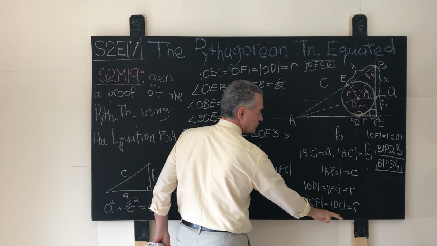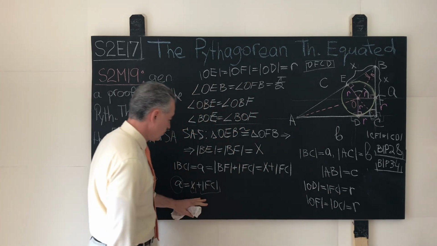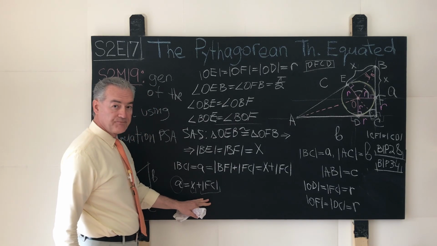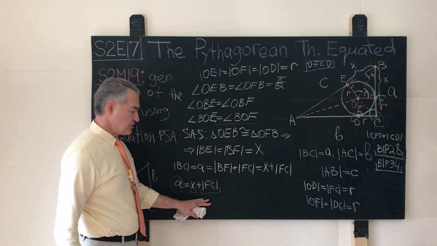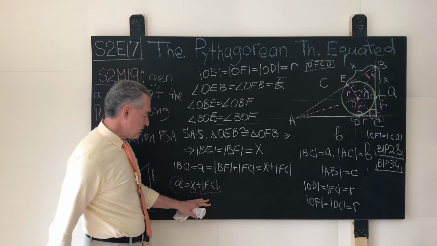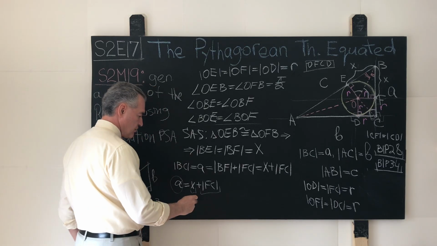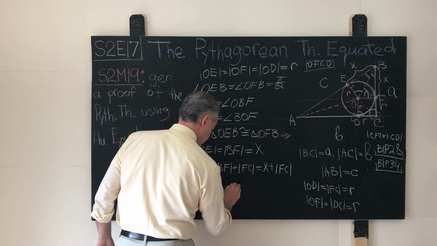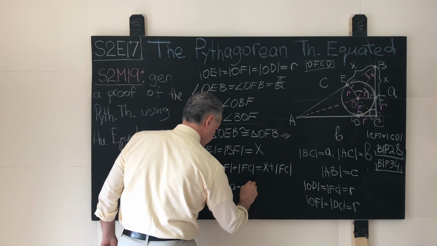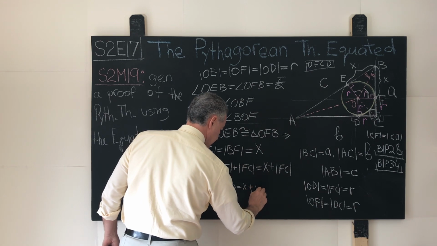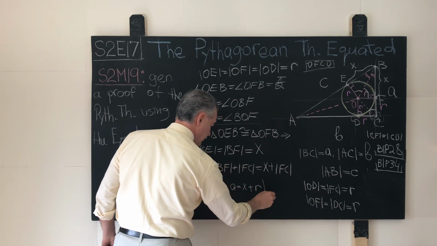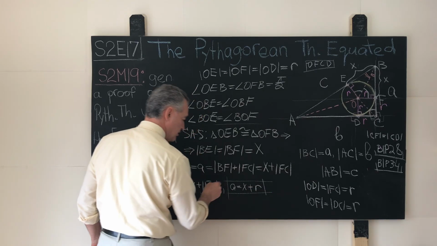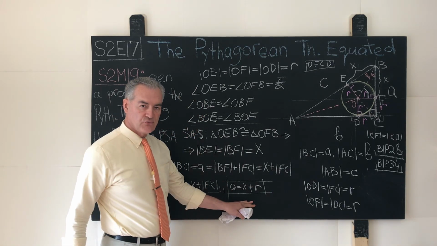So we have these 2 results, and that means that if we come back to our equation that we constructed in the previous segment, then how can we rewrite it? We can rewrite it based on these observations as follows. A is equal to x plus r. And this is our first equation that has a very traditional form.